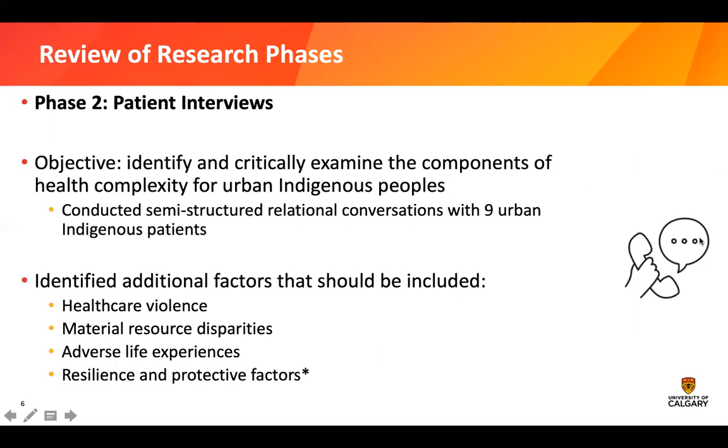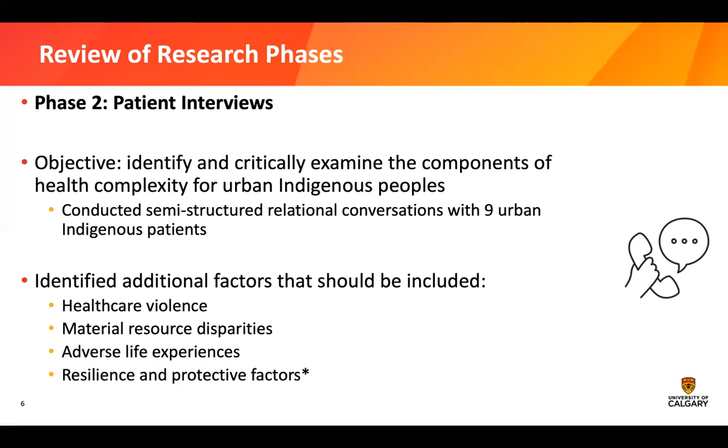In phase two, we conducted patient interviews. Now, the objective of these were to identify and critically examine the components of health complexity for urban Indigenous peoples. So we conducted these semi-structured relational conversations with 9 urban Indigenous patients to really determine what should be included in an Indigenous PCAT. We identified these additional factors that need to be included.